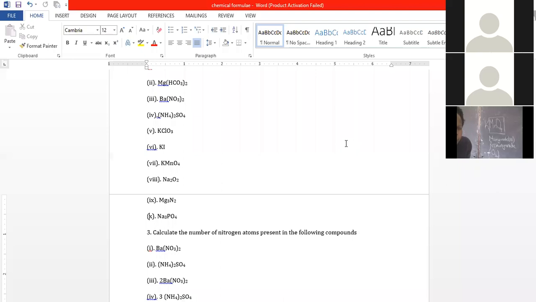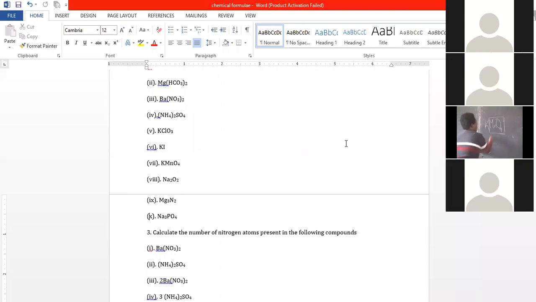But why can't we use the elements that are given? Do you know what is the name for an element that has a symbol of Mn? How do we call that element? Manganese. That element is manganese, isn't it? So when manganese combines with oxygen, we get a radical that we call a manganate or permanganate.